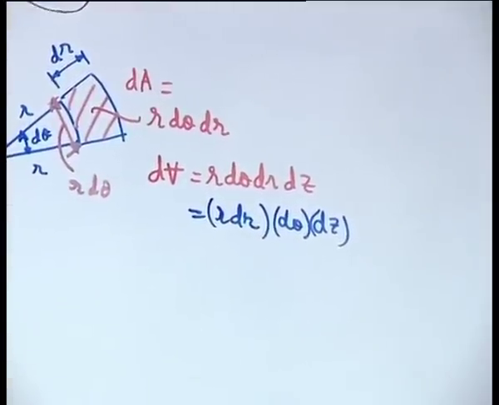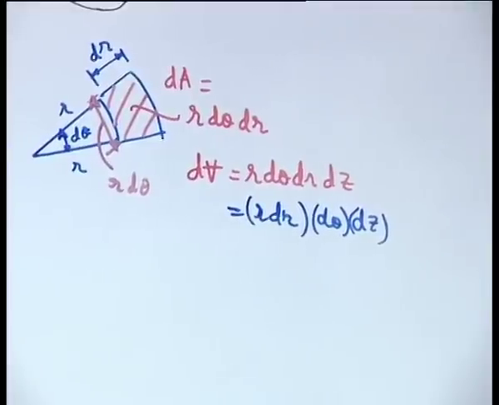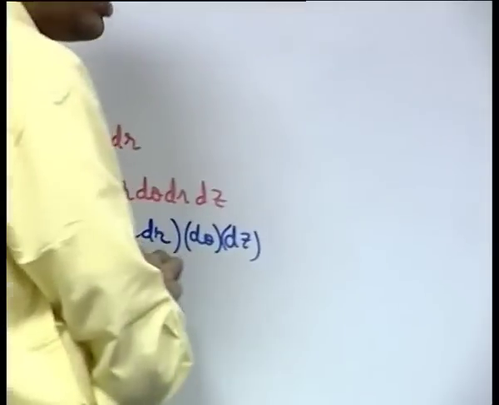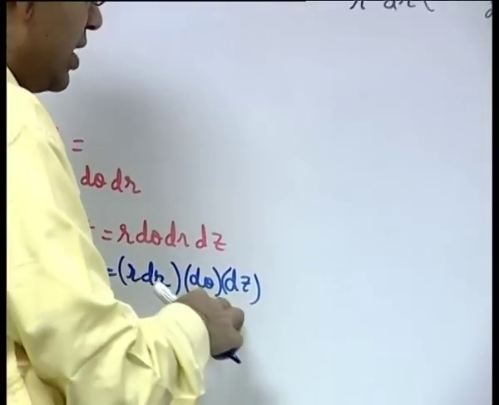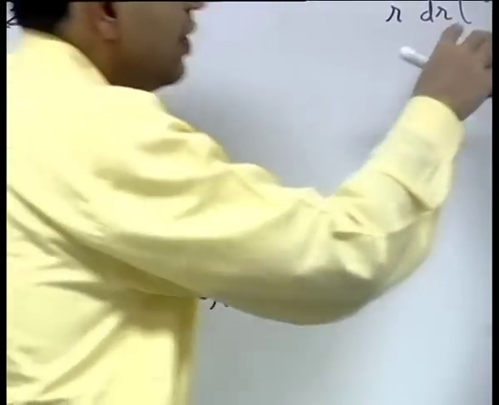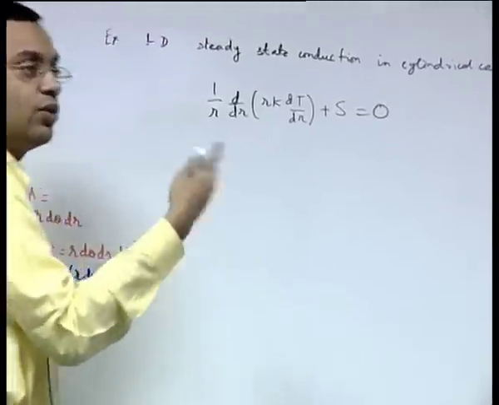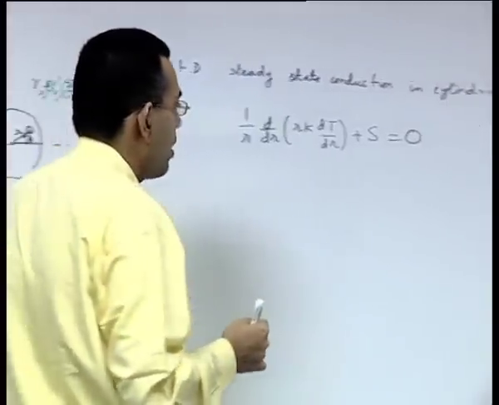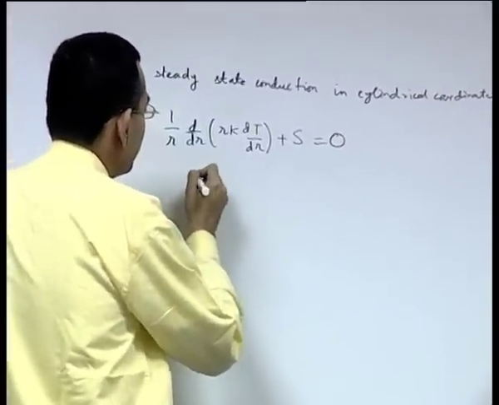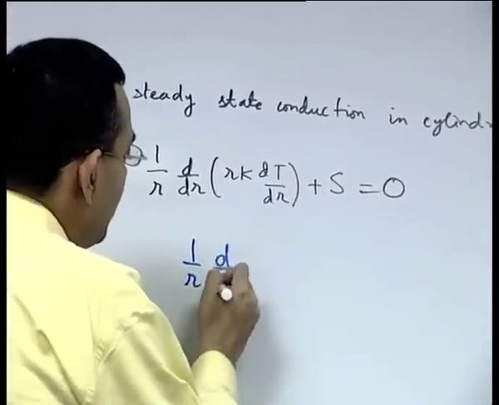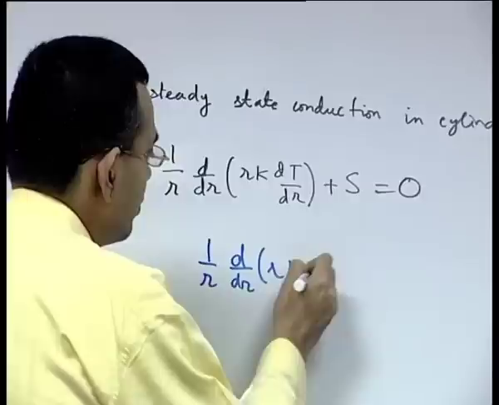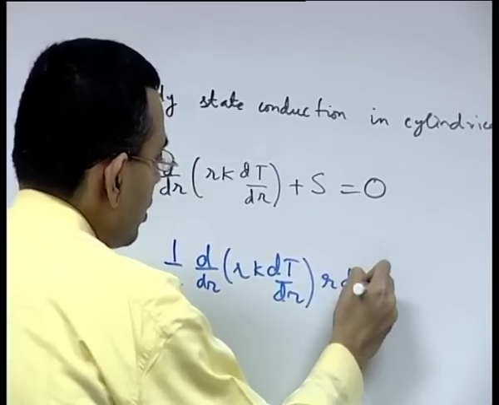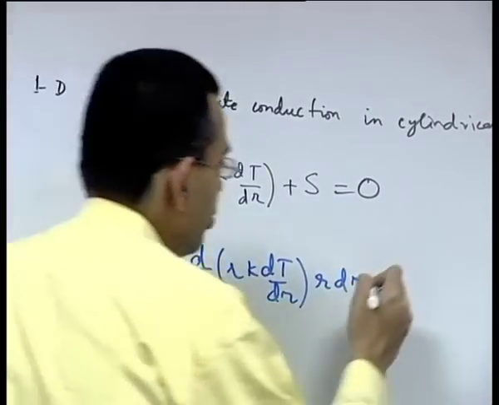So, integrating the governing equation over the elemental control volume is as good as multiplying this equation by r dr, because there is no theta or z variation, or even if it is there, it cancels from all the terms equally. There is no specific variation. So, what we do is we multiply by r dr and integrate it with respect to r.